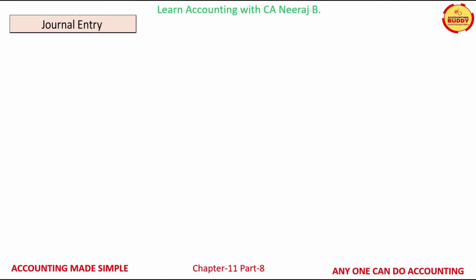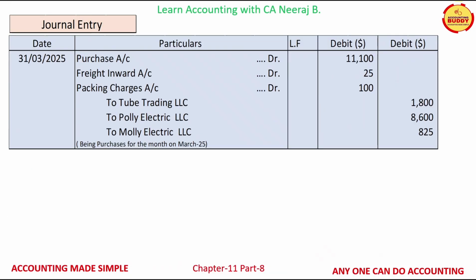Now the journal entry for the purchase book transactions discussed in the previous slide is displayed on your screens. The entry is passed on the last day of the month, and in our illustration the last day of the month of March is 31st March 25.